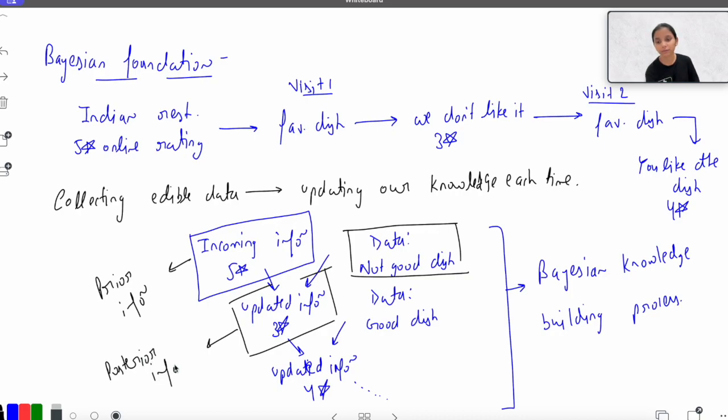Whenever you have some kind of prior information relating to any experiment or research question, for example, if you are a political scientist, then you might be interested in voting patterns. So you will have some past years' data, and you can do some research on it and use that data to make some interpretations.